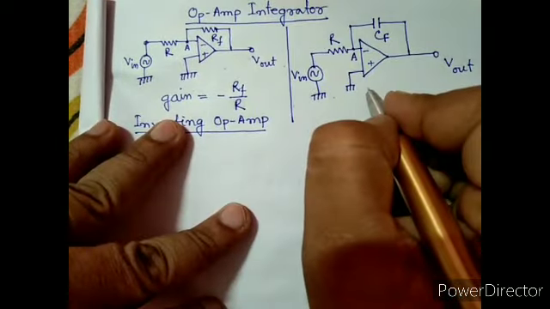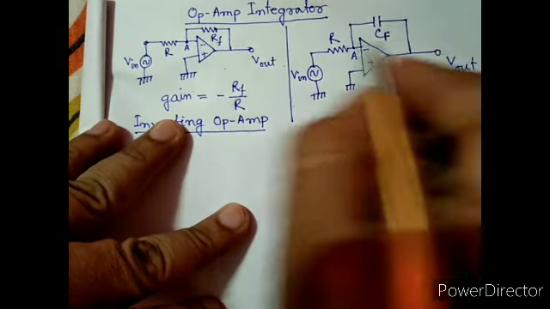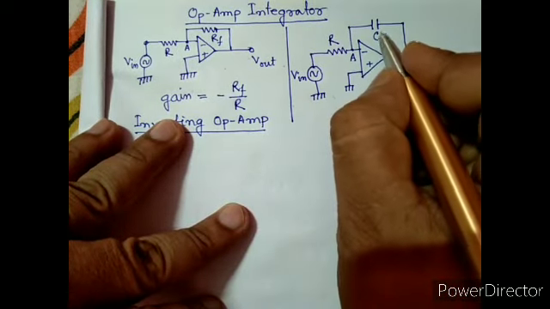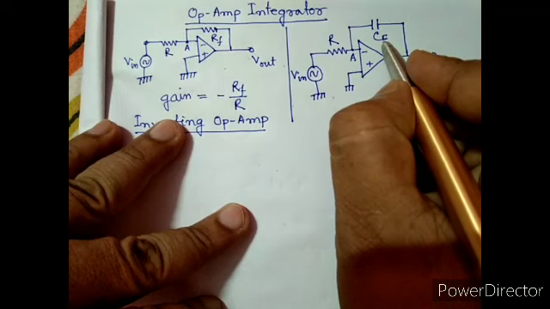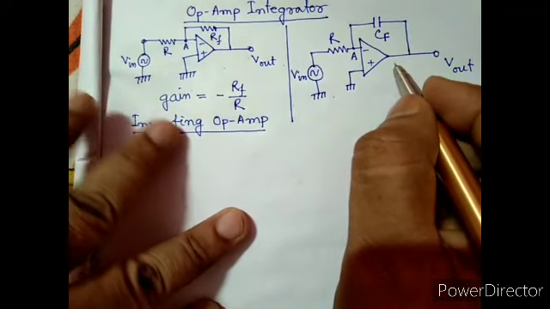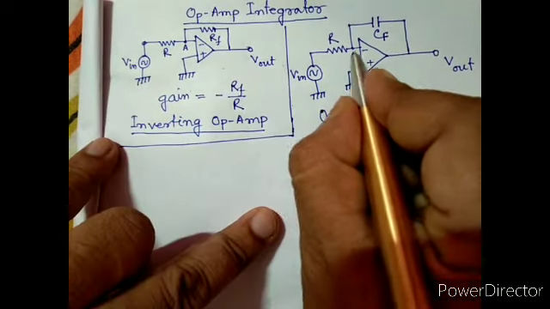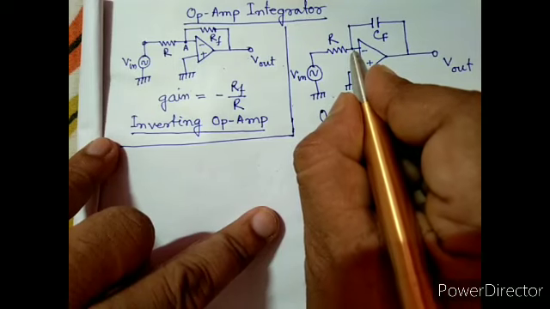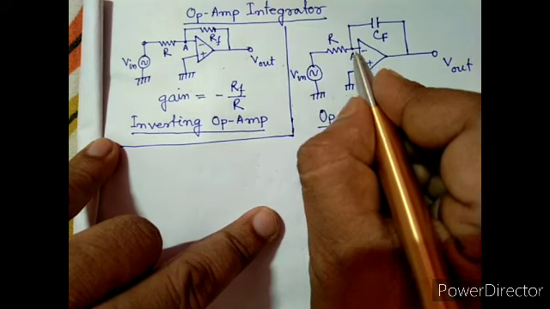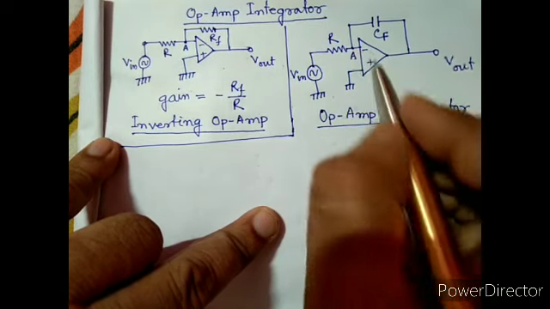Here we have replaced RF with CF, a feedback capacitor. Other connections are the same as in the inverting operational amplifier. This point A is the virtual ground point, where we will get potential 0.